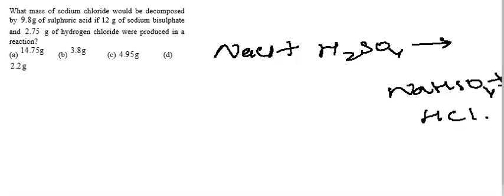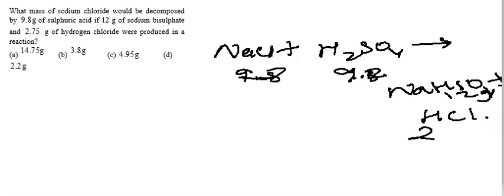So the amounts given are: sulfuric acid is 12 gram, NaHSO4 is 9.8 and HCl is 2.75 according to the question. So you have to find out the amount of NaCl.